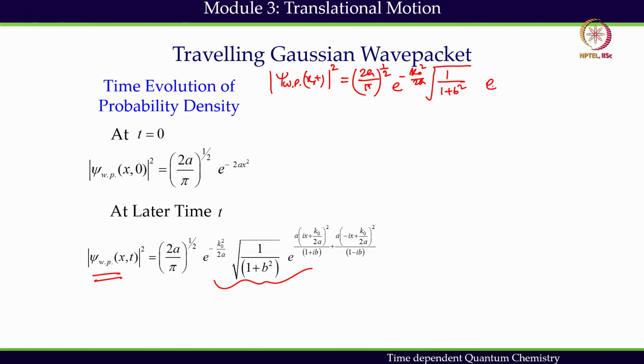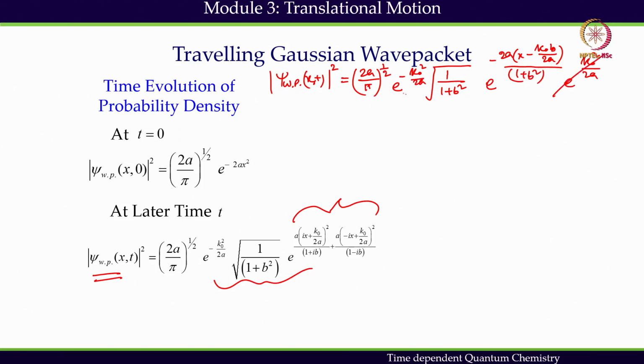Then I have this, we have reduced it already, e to the power minus 2a x minus k naught b by 2a divided by 1 plus b square, then multiplied by e to the power k naught square by 2a.